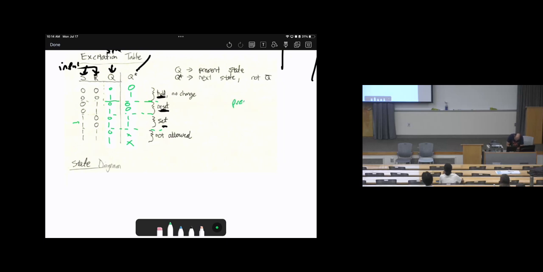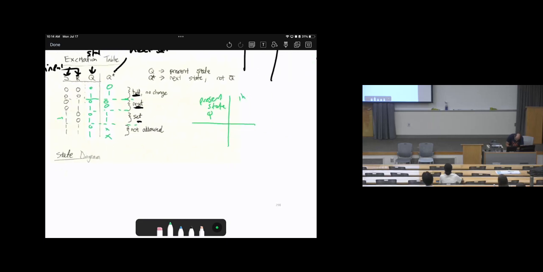Here is the present state, which is Q. Then here the inputs, S and R. Then we have the next state, which is Q star.